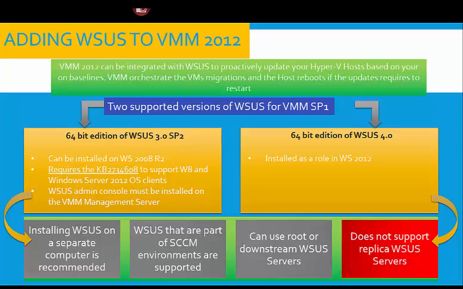What happens is that WSUS will ensure that the hosts are fully updated, but because the mechanism is within SCVMM, when a machine needs to be updated, it will automatically move the VMs across to available hosts to ensure that the VMs are not disrupted whilst the host is being updated.